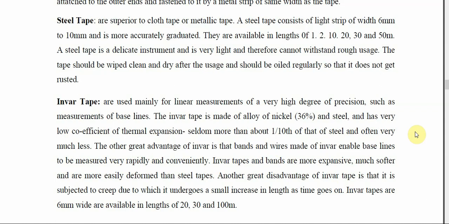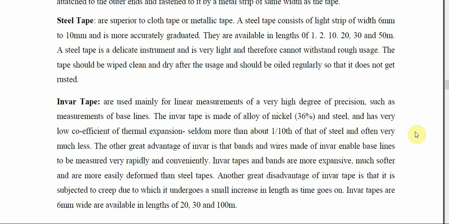Invar tapes and bands are more expensive, much softer, and more easily deformed than steel tapes. But one great disadvantage of Invar tape is that it is subject to creep, due to which it undergoes a small increase in length as time goes on. Invar tapes are 6 mm wide and are available in lengths of 20 meter, 30 meter, and 100 meters.